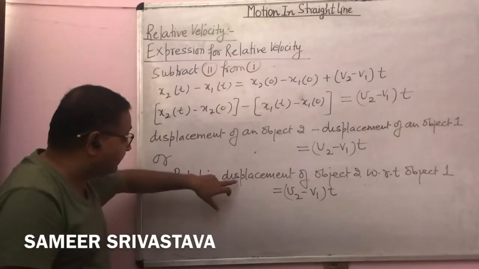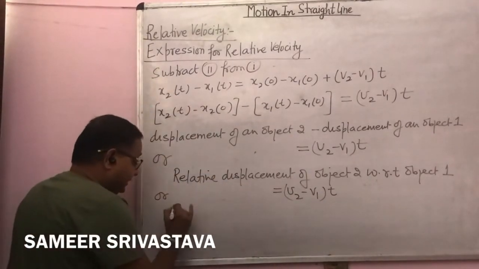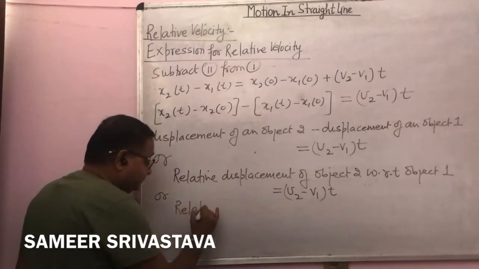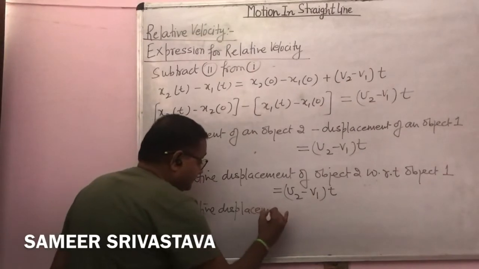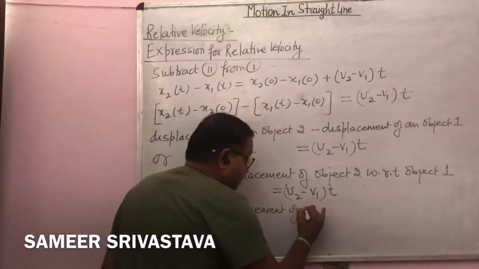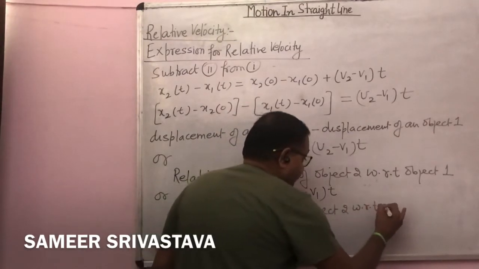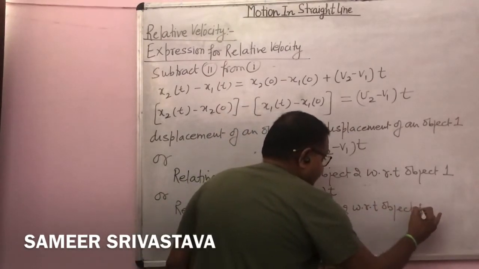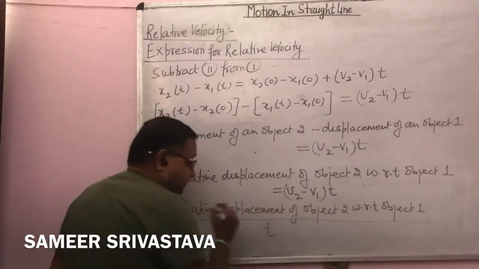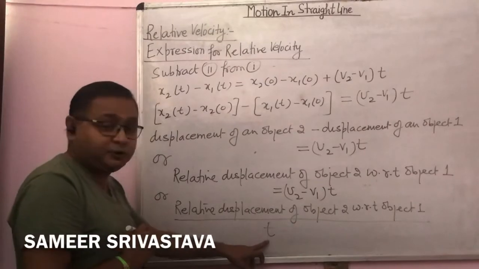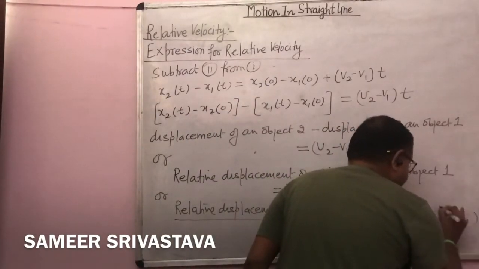Now if we divide the relative displacement of object 2 with respect to object 1 by t, the right hand side is v2 minus v1.